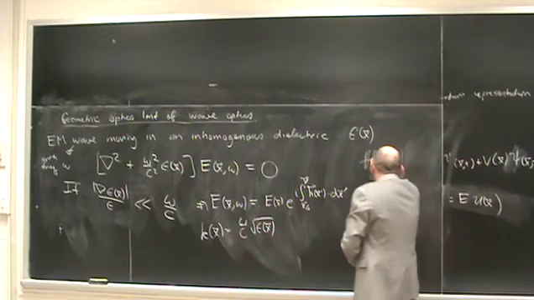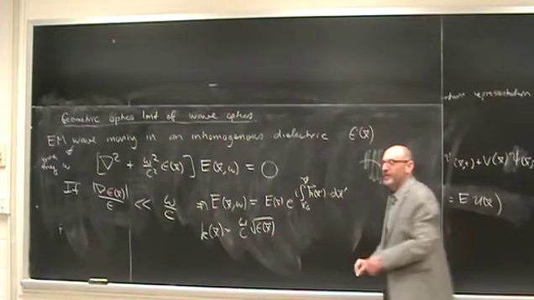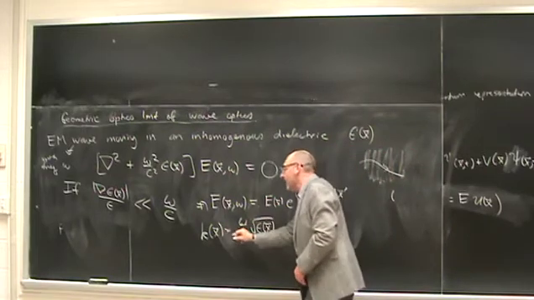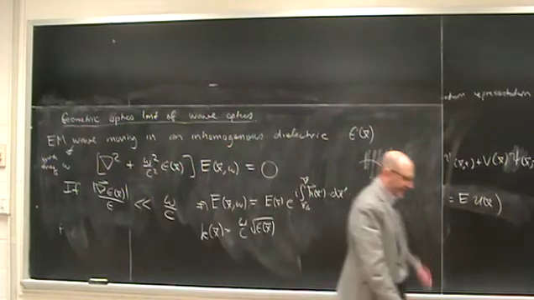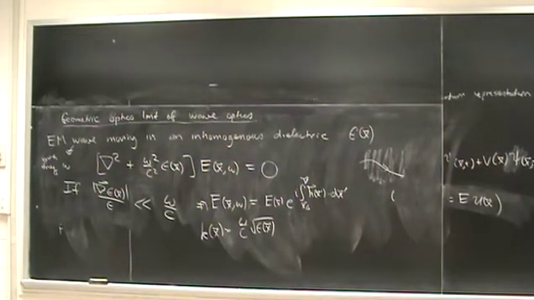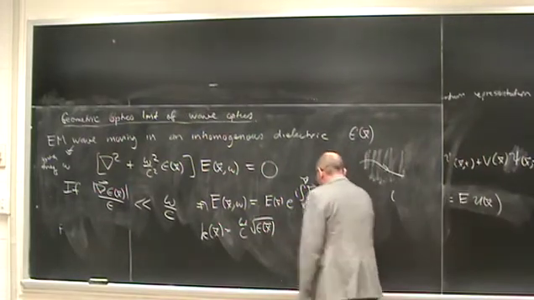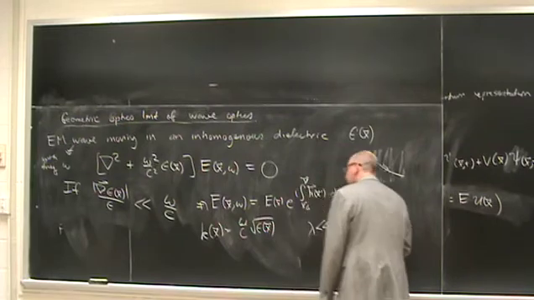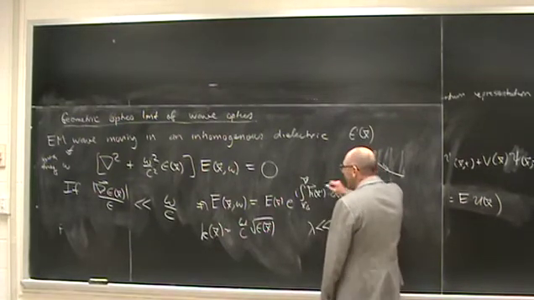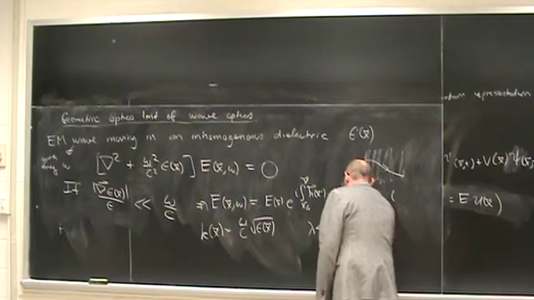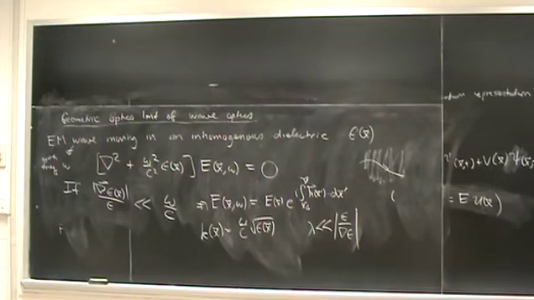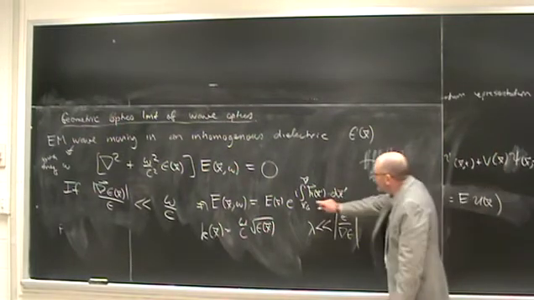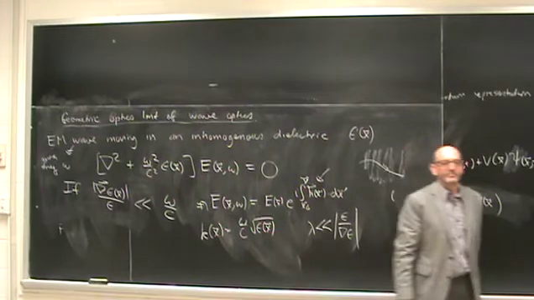And there's a ray that moves through there with a local wave vector that depends on the gradient of the index. As long as the wavelength is much, much smaller than the length scale over which the dielectric changes, then I don't have to think about solving the wave equation. I just have a trajectory of a ray.